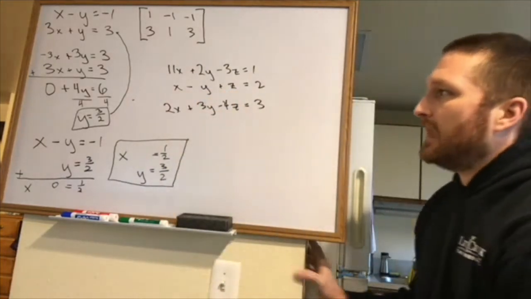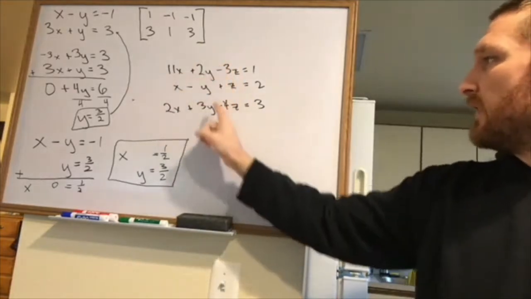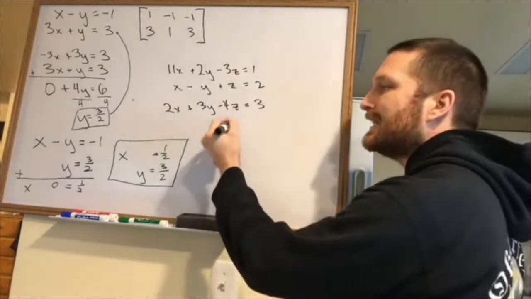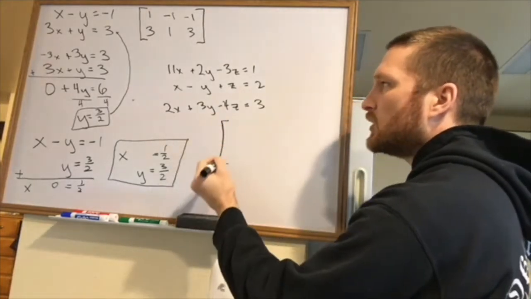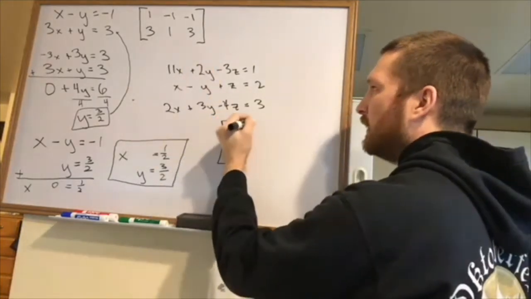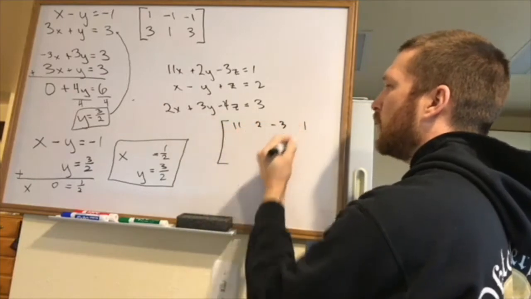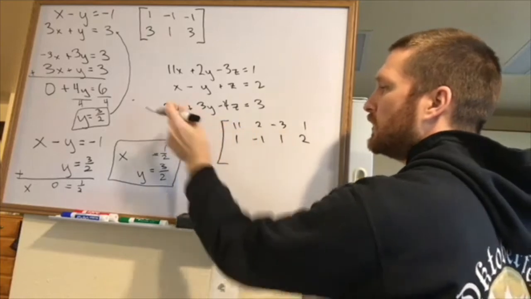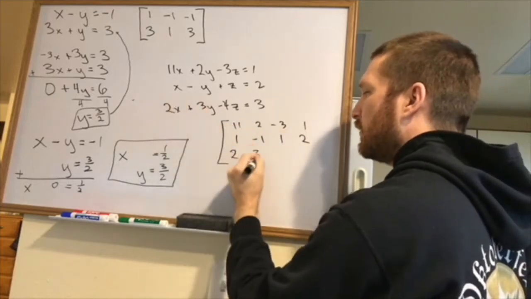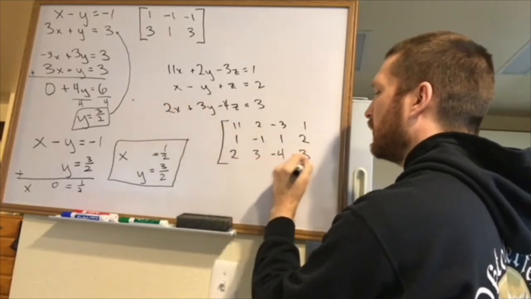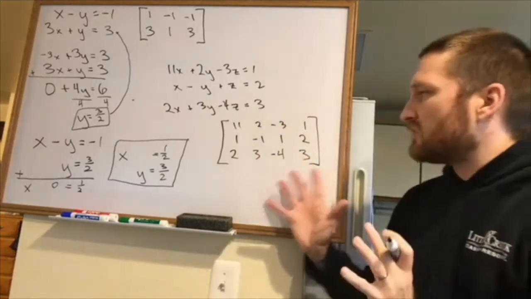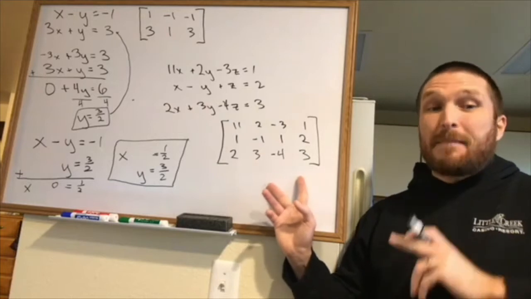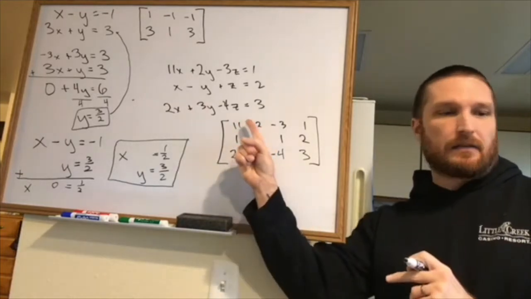Or I could say, man, you wrote 12 symbols that you really didn't need to write down. I could just say, okay, well, how about 11, 2, minus 3, 1. 1, minus 1, 1, 2. 2, 3, minus 4, 3. And we'll just agree from now on that when we write this, what we really mean is this system right here.